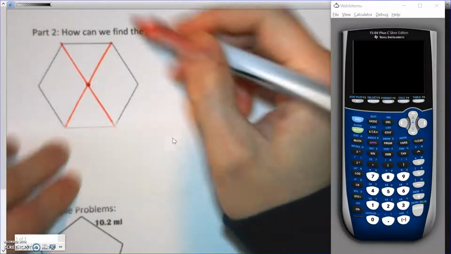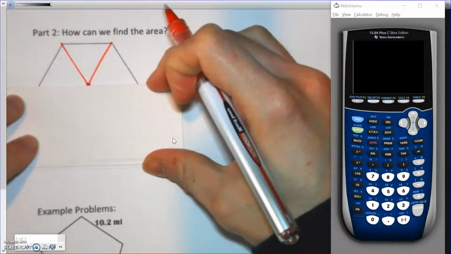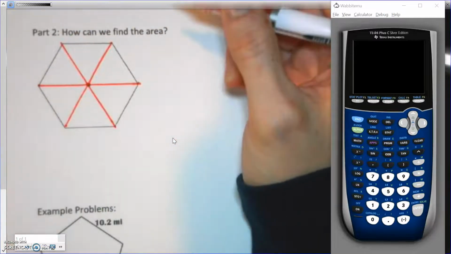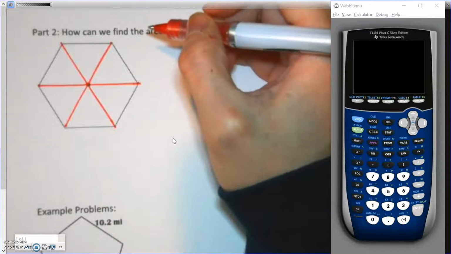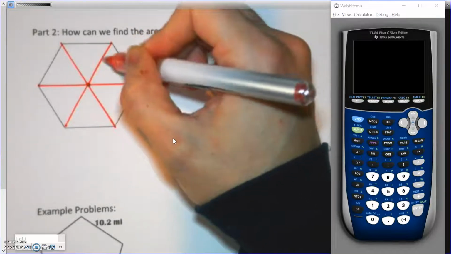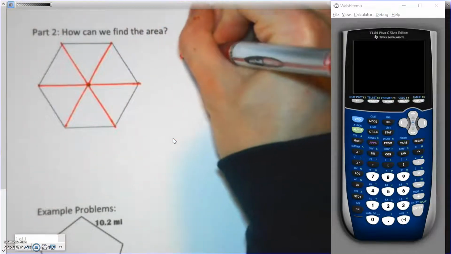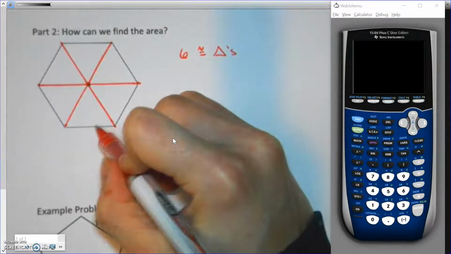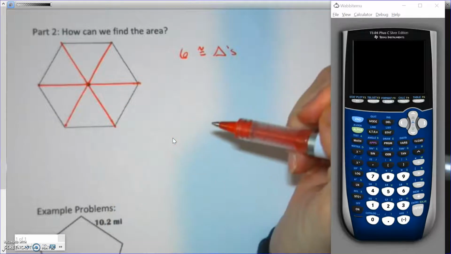I could draw this here, and the two halves are exactly the same. So I have now created 6 congruent triangles. You notice that there's one for each side of my shape.